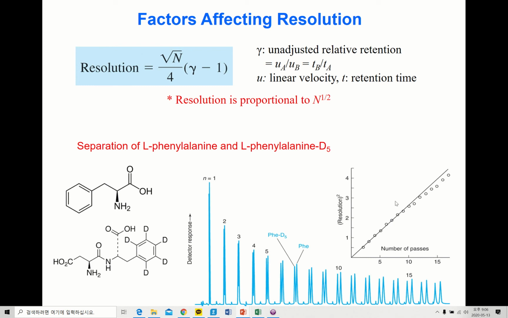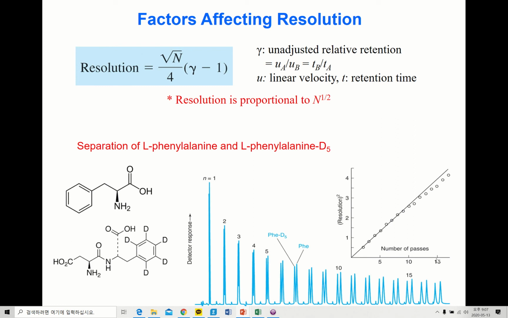This plot is the resolution squared versus number of passes. Here, if you scale this, the square root is removed. If you repeat the chromatographic running, the resolution becomes better and better.